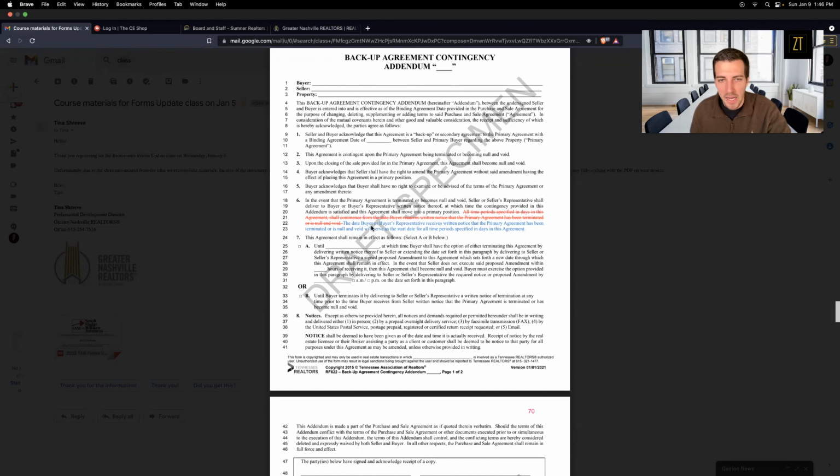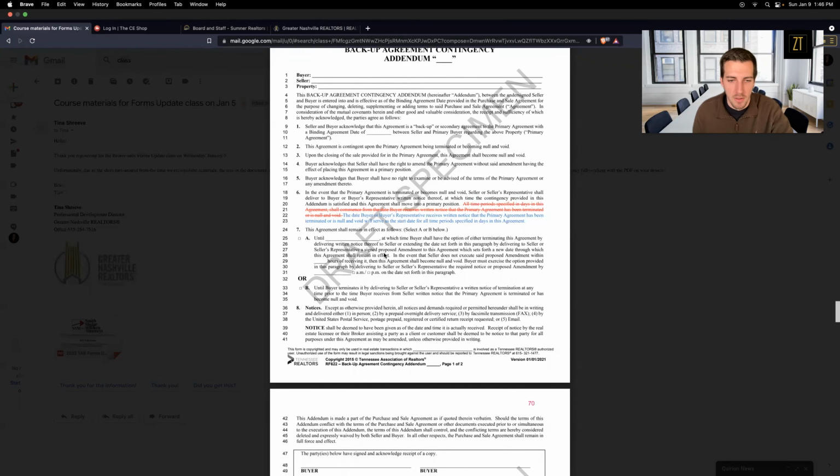The date buyer or buyer's representative receives the written notice that the primary agreement has been terminated or is null and void will serve as the start date for all time periods specified in agreements or in days in this agreement. So basically it's saying that's your bound agreement date is what they've clarified.